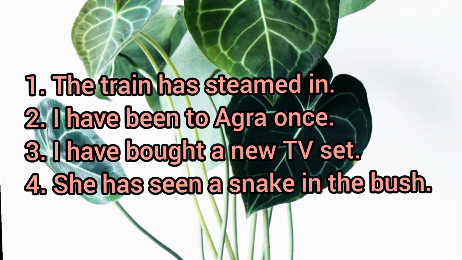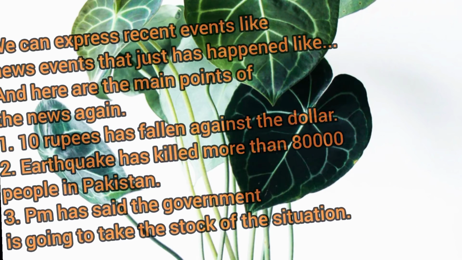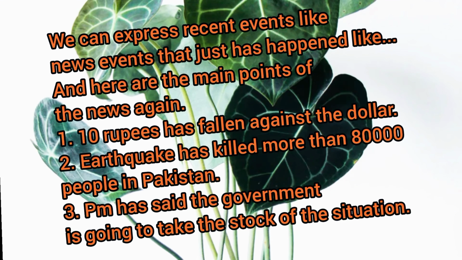Now there are some more expressions which we can express, like news events, recent events, things that have just happened. Okay, how can we express these? And here are the main points of the news. The rupee has fallen against the dollar. डॉलर के मुकाबले रुपया लुढ़क चुका है. The earthquake has killed more than 80,000 people in Pakistan.